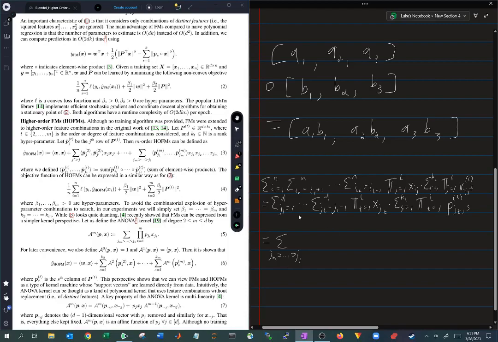Because j_i begins after j_{i-1}, you don't get any repeats. So another way of writing this is we're just taking the sum over all sequences of L integers which are strictly increasing and are between 1 and d.